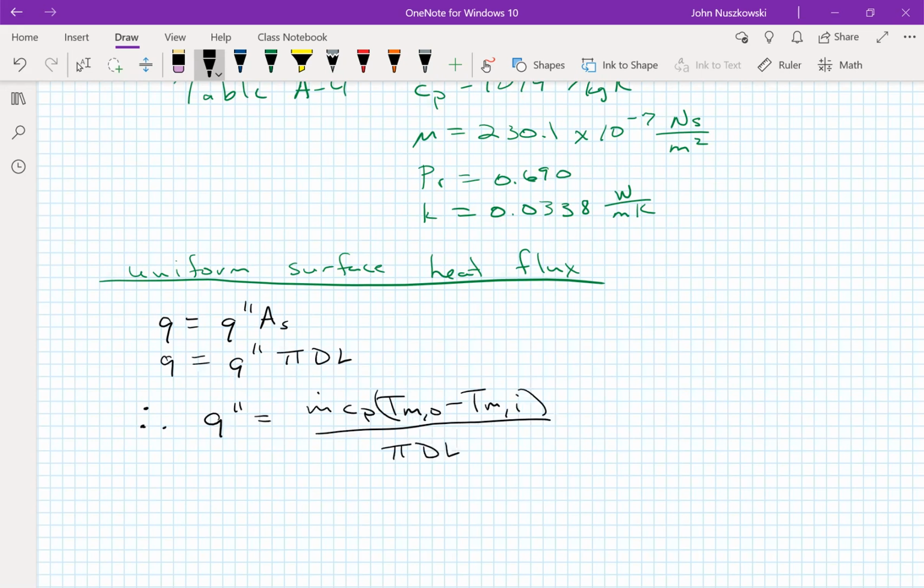So I just inserted this to solve for this, with this being COE, right?